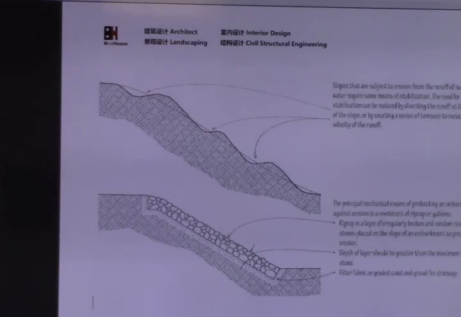So we need to protect the slope. There are several ways to protect the slope.